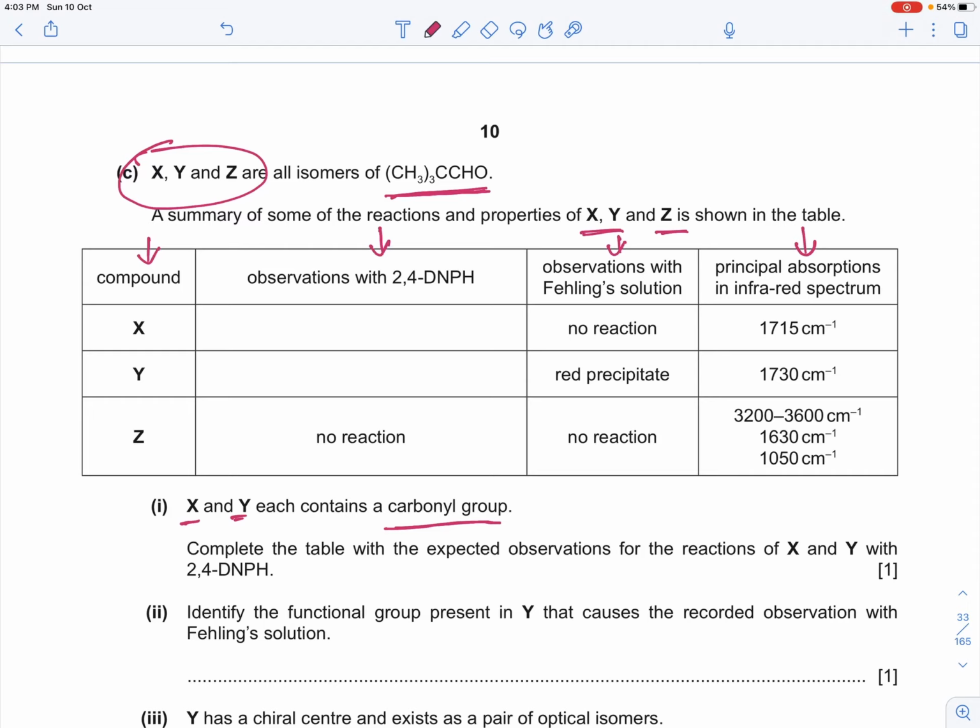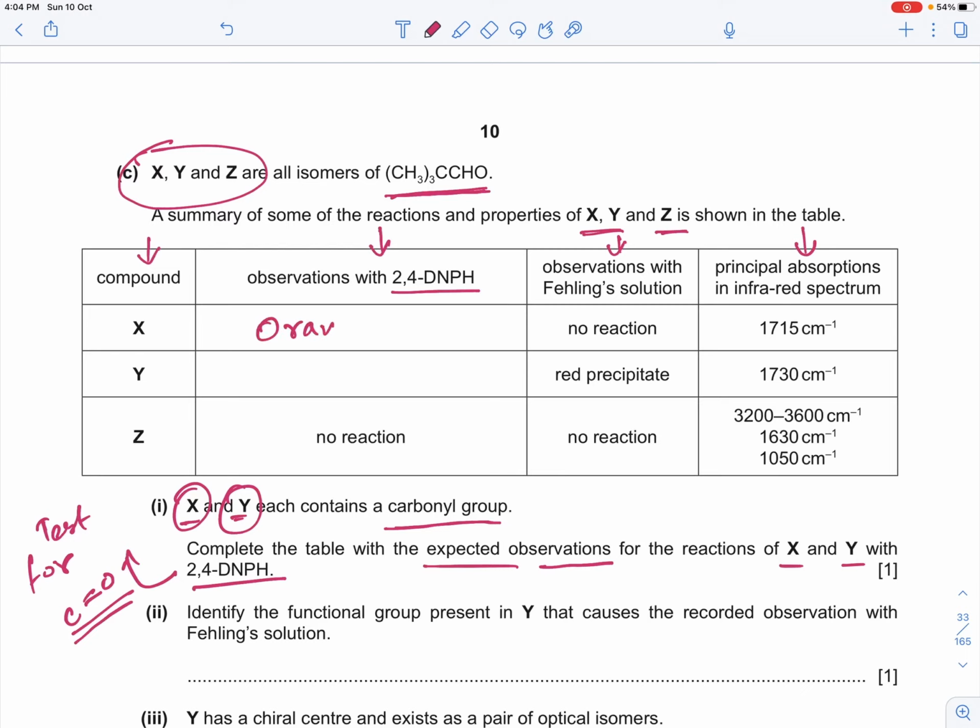Complete the table with the expected observation for the reactions of X and Y with 2,4-DNPH. Now 2,4-DNPH is a test for carbonyl group, and as they have given us this information that both X and Y contain a carbonyl group, they both give an orange or red precipitate with 2,4-DNPH. So for X we get orange precipitates, and the same goes for Y.